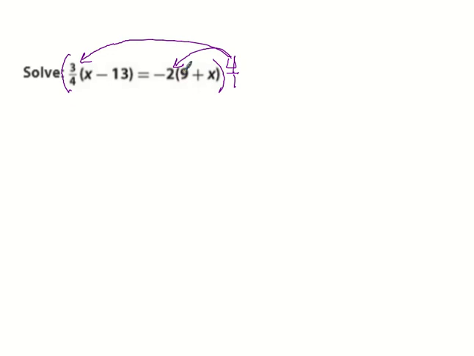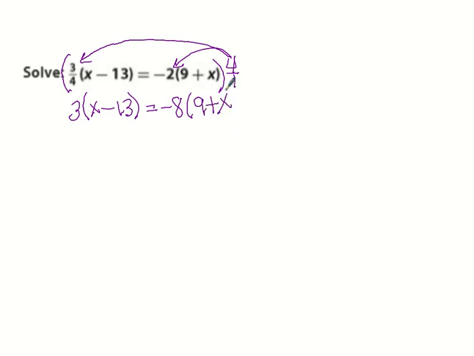Remember, the parentheses protect these pieces. So 4 times 3 is 12. 12 divided by 4 is 3. Now put the parentheses back this time because we didn't remove any of that. We have to have that there. And then 4 times negative 2 is negative 8. Put the parentheses back, 9 plus x.